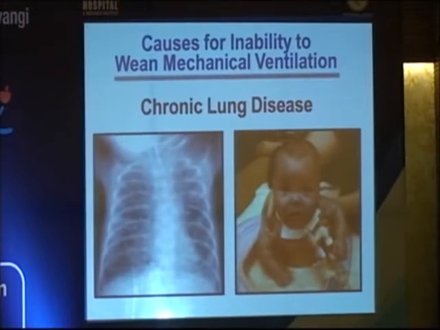Lastly, we take care of patients in our units that have chronic lung disease, and their lung disease in the intensive care unit may result in chronic lung disease. So this is a picture of what I would call a prototypical baby with bronchopulmonary dysplasia.